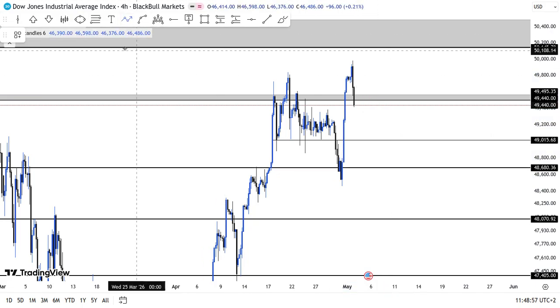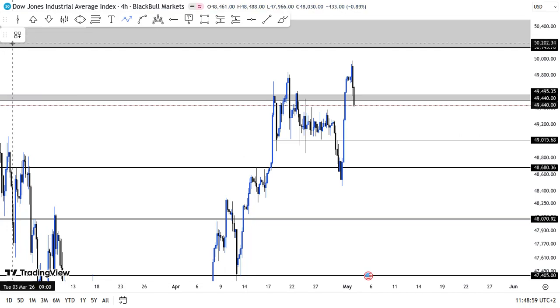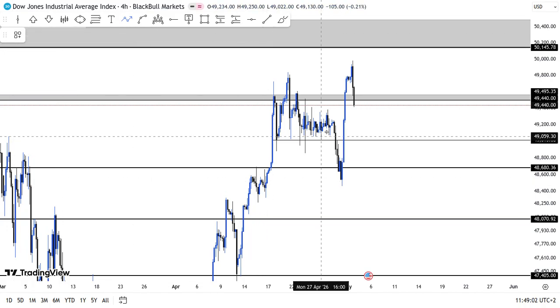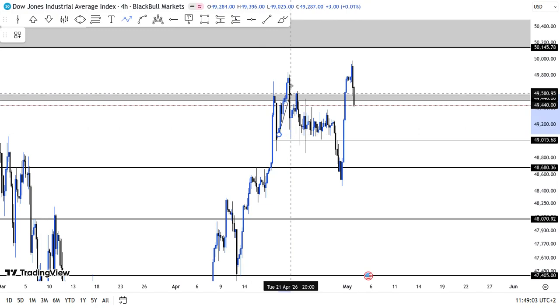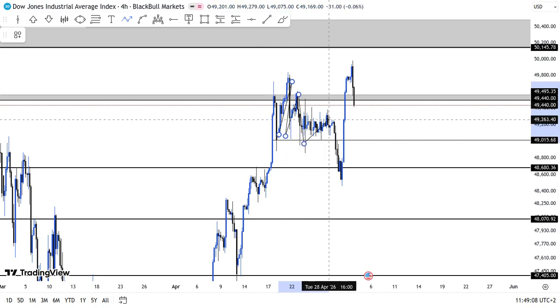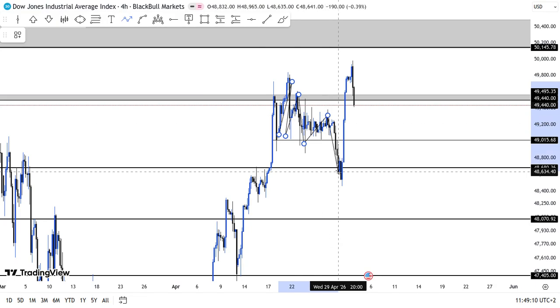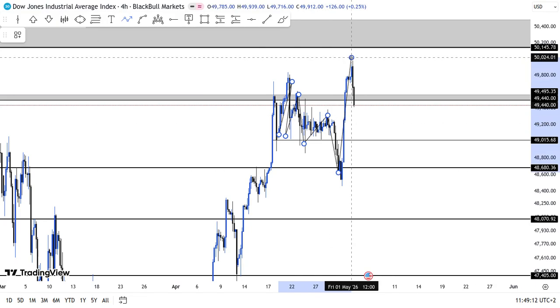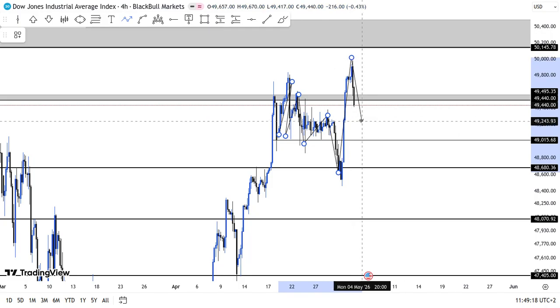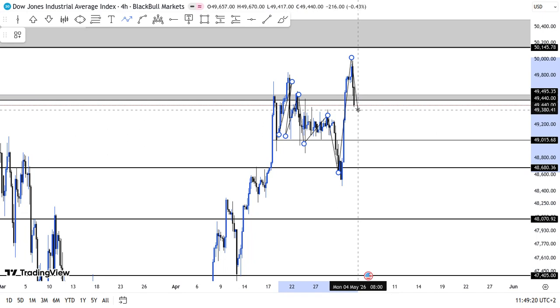This is what I've been saying, that the past 2 weeks I saw nothing. So okay, high, higher low, lower high, lower low, lower high, lower low, higher high. Okay, and then confusing part now.